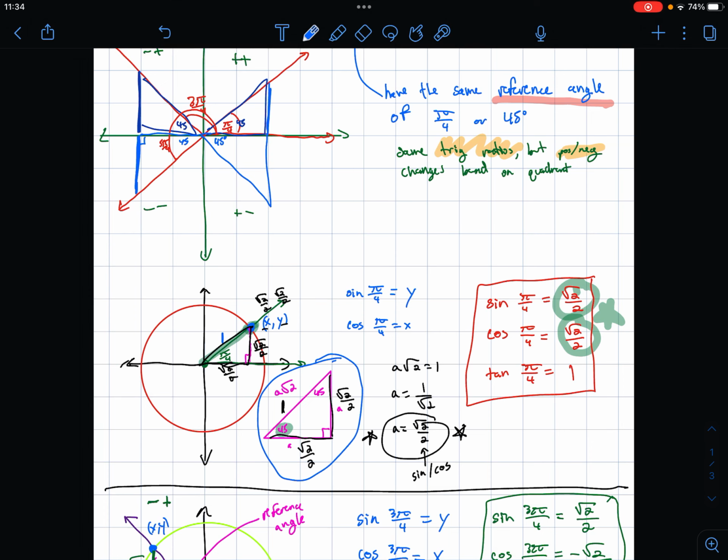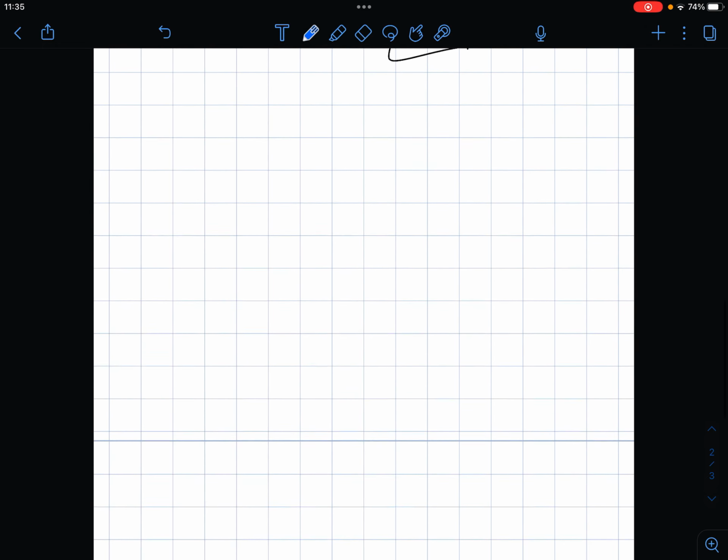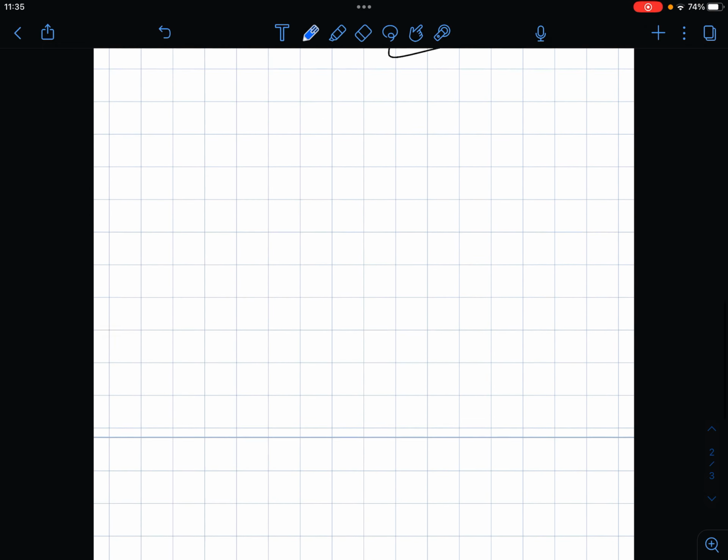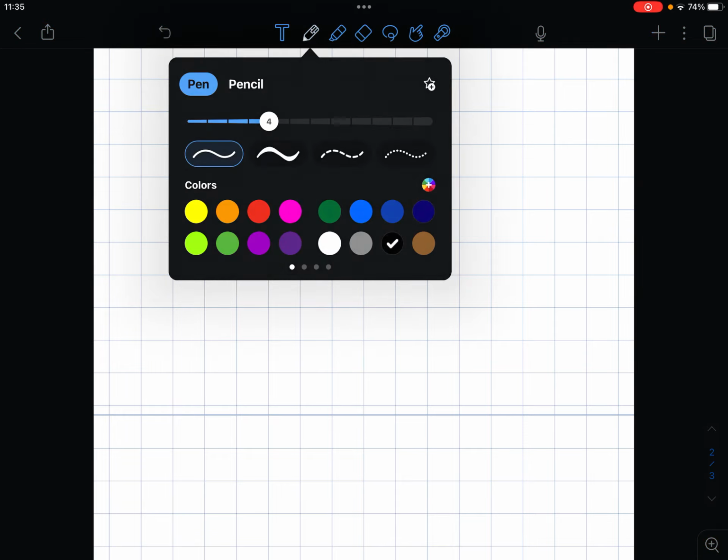Everything else can be built from there. But if you can just memorize this, root 2 over 2 and root 2 over 2 for pi over 4, then you've got all 4 of these things memorized, and you're well on your way to having the special right triangles of the unit circle memorized.